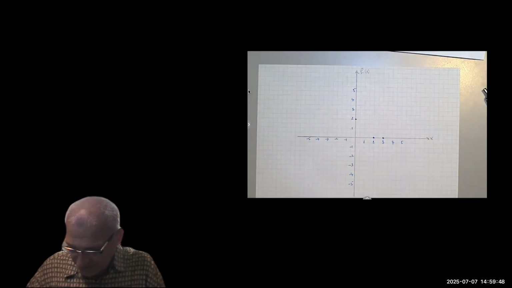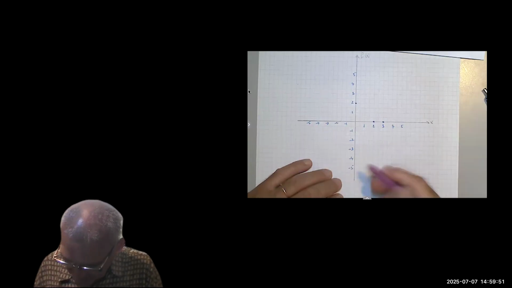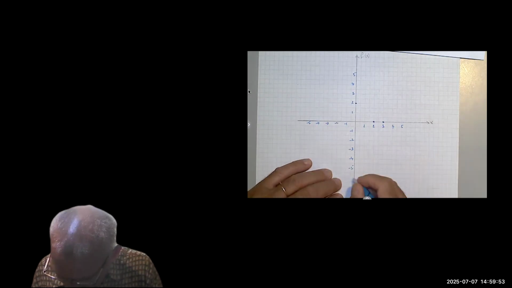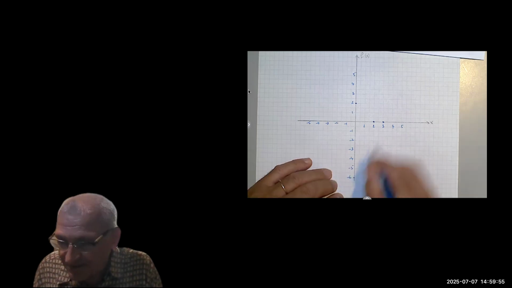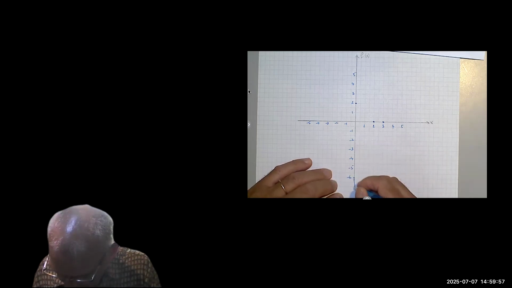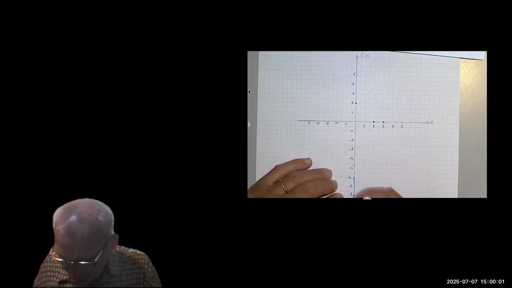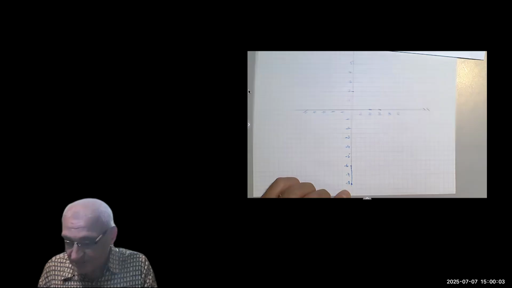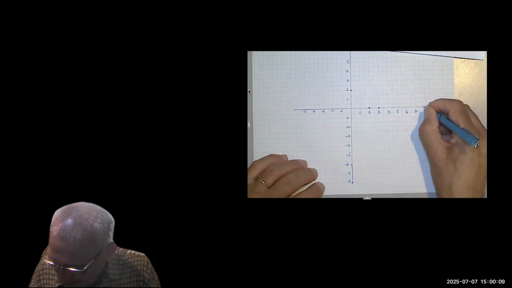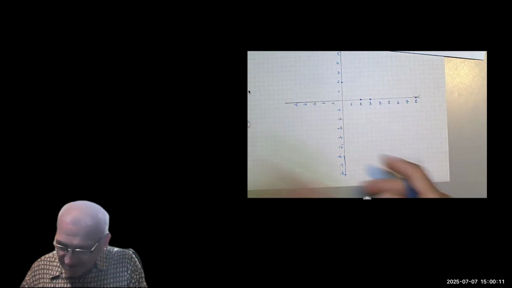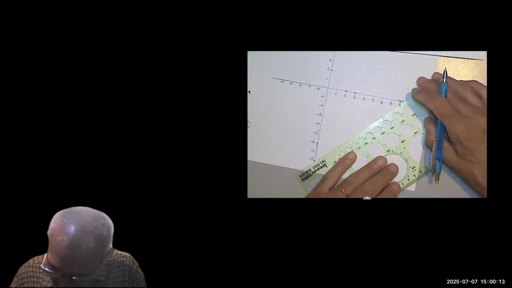Slanted asymptote. Notice that I have a y-intercept at negative 8, right? Negative 7, negative 8. So I have a point here, and I have a point at 8 and 0. So the slant asymptote goes through these 2 points.